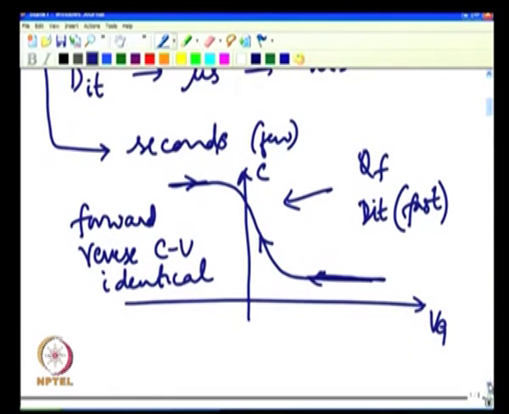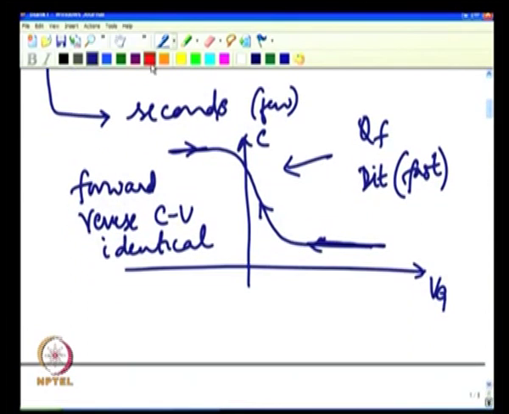So, what I mean by that, again recall our discussion, at this point our band bending will look something like this, this is the Fermi level, accumulation condition. At this time the band bending will look like this, inversion condition, remember.